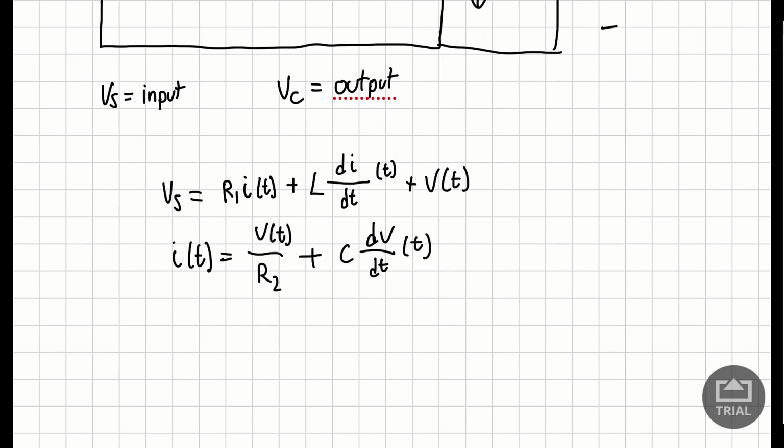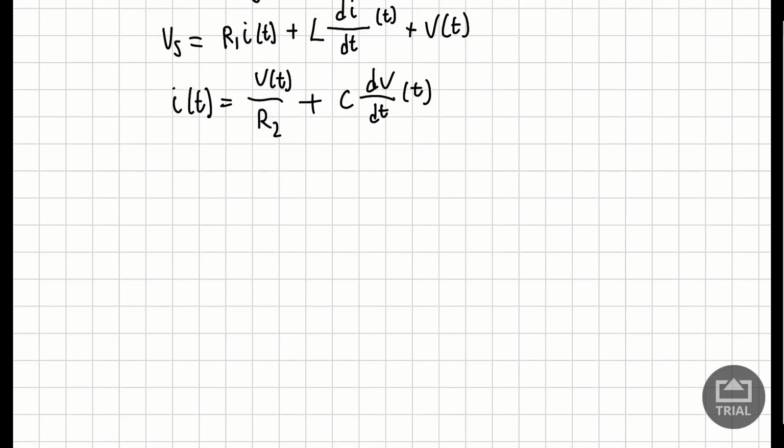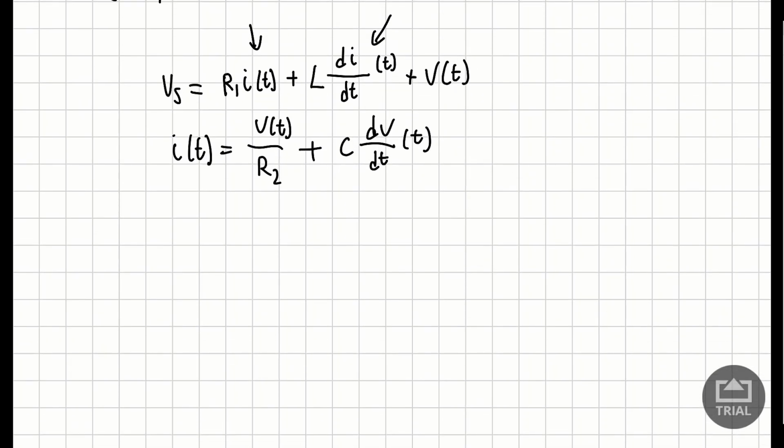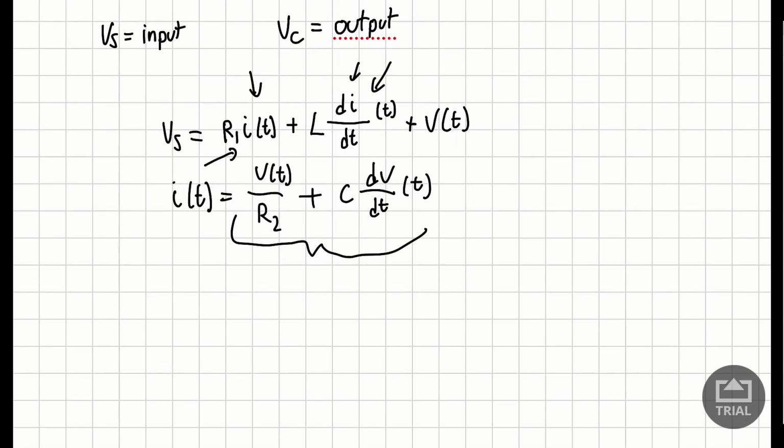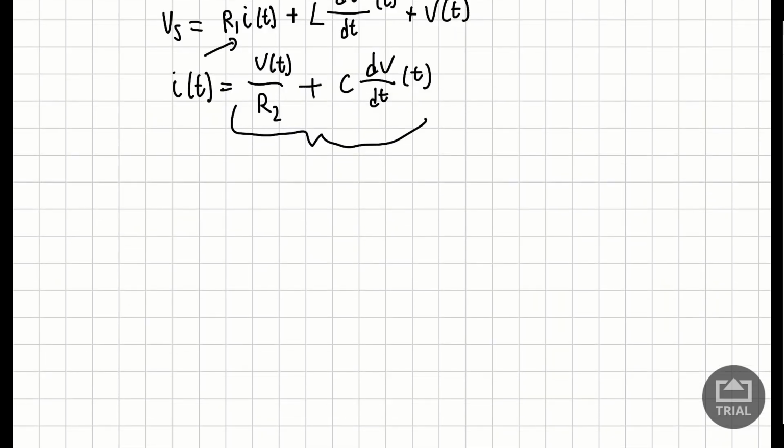So now that we have both of our equations, we want to make everything in terms of Vs. Over here we have to get rid of this I of t, and we also have to change this into a voltage. We can already sub this part of this equation in for I of t. However, we cannot do the same thing for this over here. So what we can do is find the derivative of this equation.